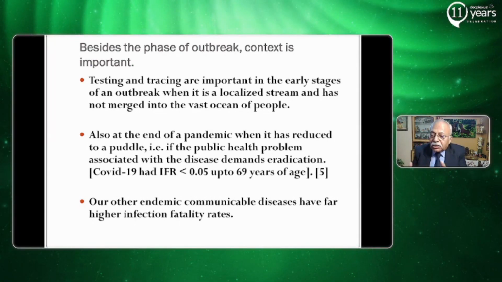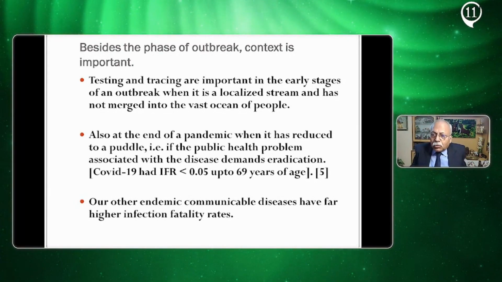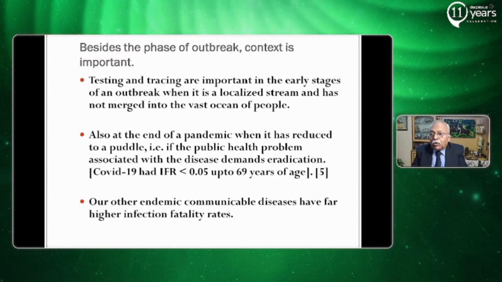Had it been a very severe disease, like, say, we eradicated smallpox. Initially smallpox was there, nobody knew when the journey started. But at the end of the journey of smallpox, I am talking of all viral diseases, the context is important.